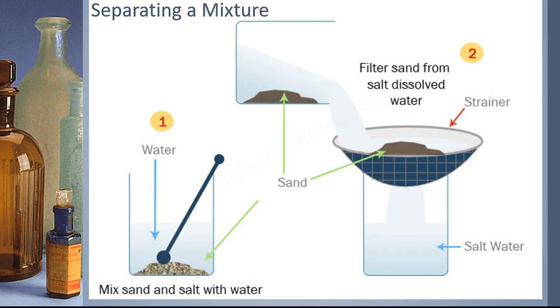We would have to have it carried away just a little bit. There's a special tool called a condensing tube that you can send the steam through and cool it off, and when we cool it off, it will condense back into water. So we actually can separate salt water and have salt in one container and water in another container. It's just not quite so easy as separating a mixture of sand and salt.